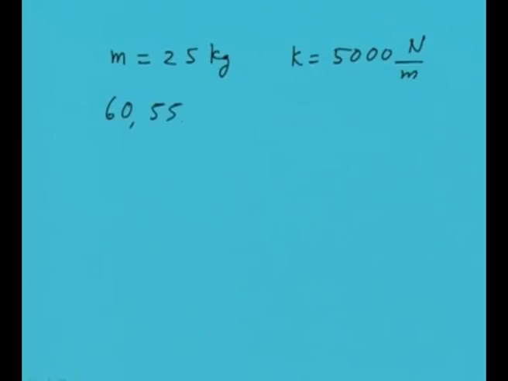The mass is 25 kg, the stiffness is 5000 Newton per meter, and the amplitudes of successive cycles are found to be 60, 55, 50, 45, 40, etc. in millimeters.